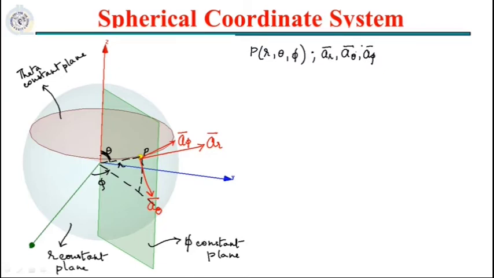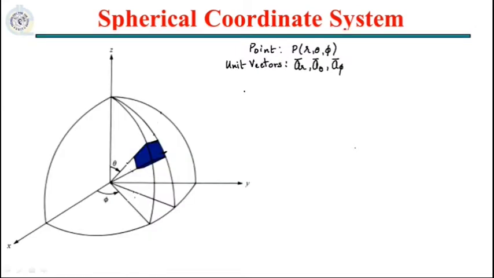So the same we are going to do here. I'll take out a section of the sphere and we'll discuss it. Let's consider this section. Now we'll be doing the exercise of finding the differential lengths.